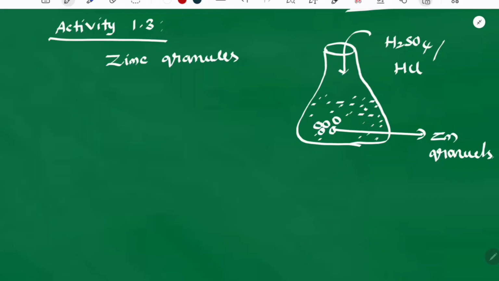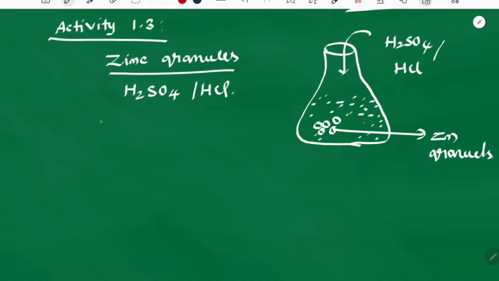We are taking zinc granules as well as sulfuric acid or HCl. Zinc granules can react with sulfuric acid or hydrochloric acid. So we can observe here some bubbles are coming from the zinc granules.